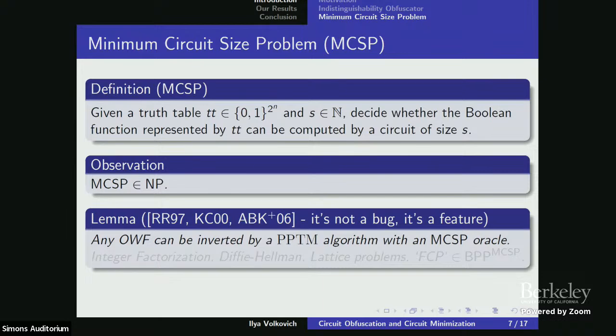So the point is, if I have a randomized algorithm with an MCSP oracle, I can invert all those one-way functions and solve all those nice problems like integer factorization, Diffie-Hellman, lattice problems, and so on. You can do all of this with an MCSP oracle.